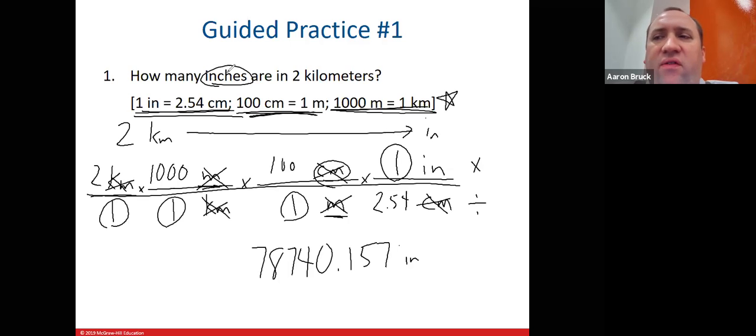How many significant figures do I need to round my final answer to? The answer here in this case is actually just 1. I should only have 1 significant figure at the end of this. Why only 1 significant figure?